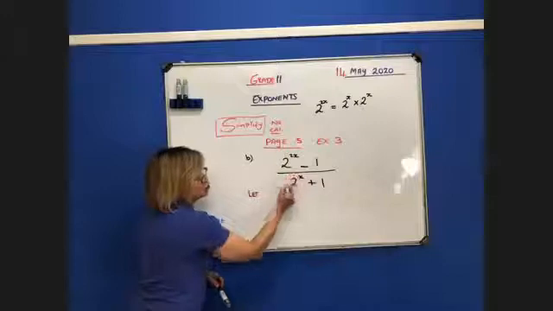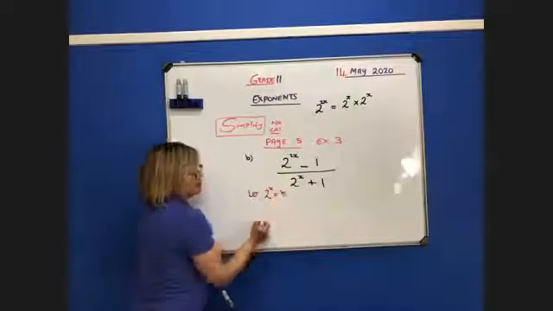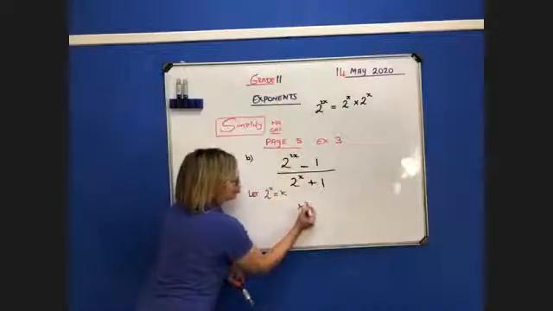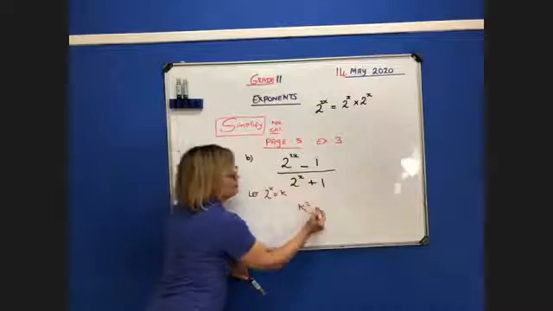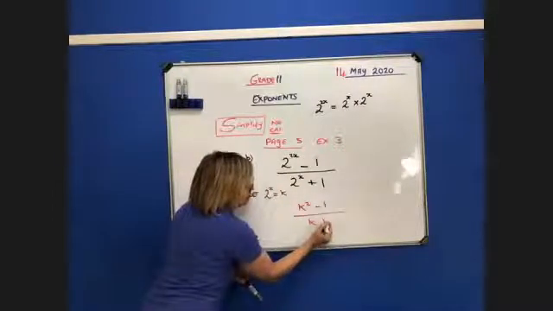Let 2 to the x be k. Then this is going to be k squared minus 1, and this will be k plus 1.